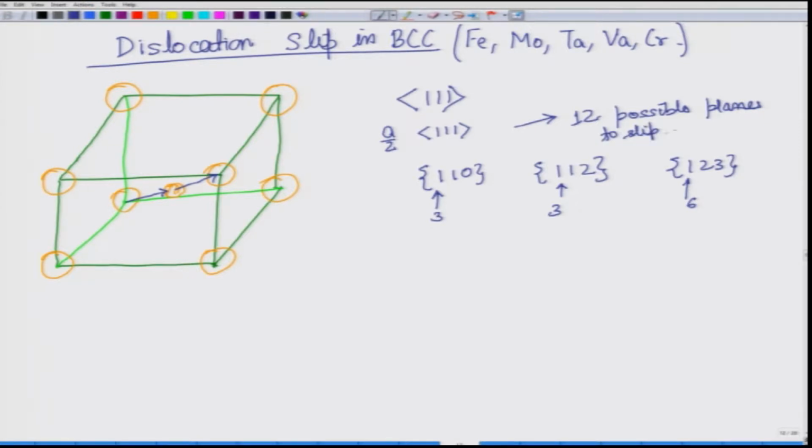That is a really large number of slip planes available, and it implies that a screw dislocation of 111 type would find it very easy to cross slip.